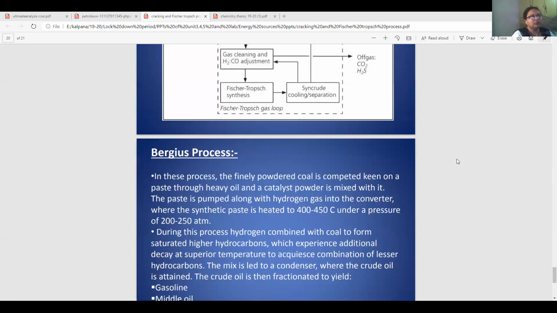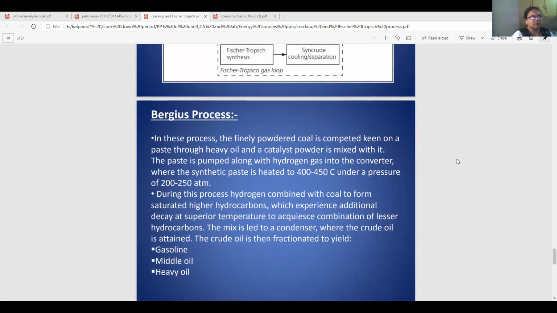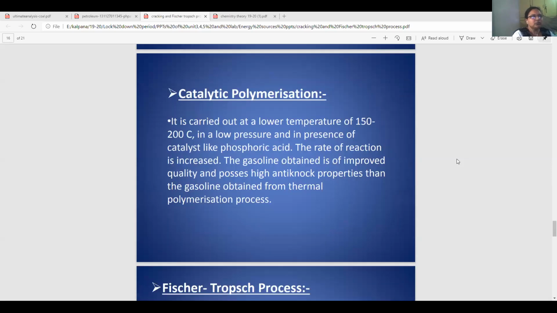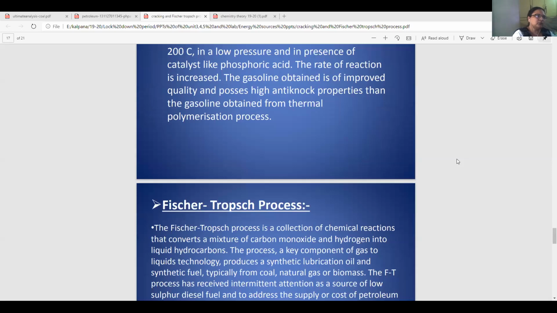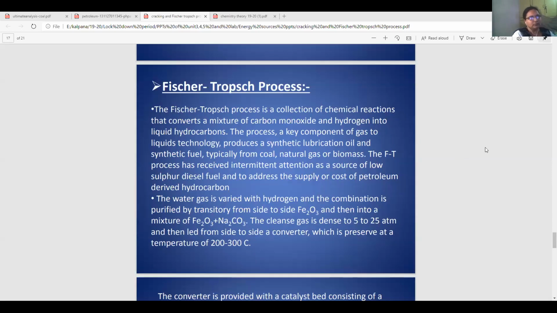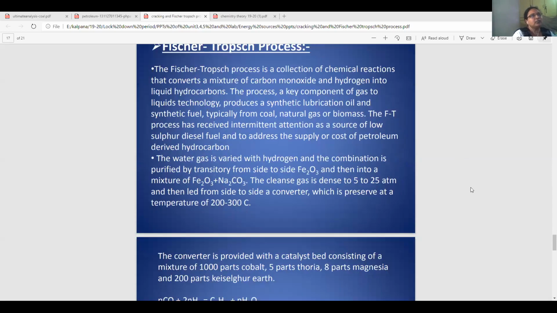Now coming to the Fischer-Tropsch process. The Bergius process is also there, but in the syllabus we only have the Fischer-Tropsch process. The Fischer-Tropsch process is a collection of chemical reactions that convert a mixture of carbon monoxide and hydrogen into liquid hydrocarbons.